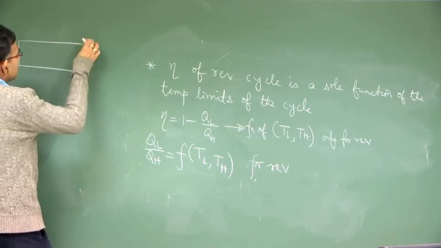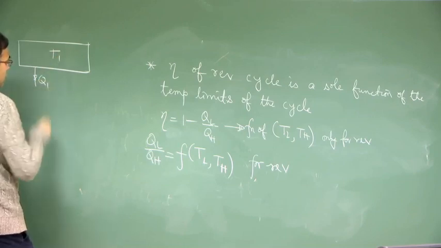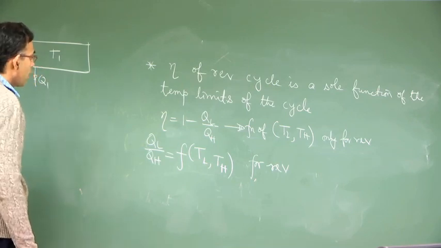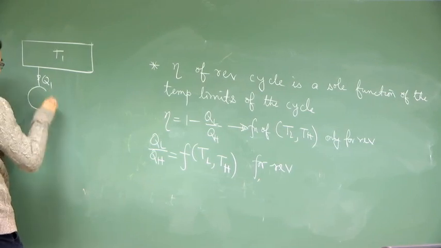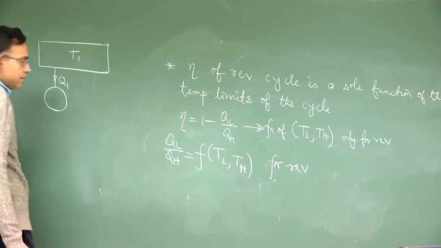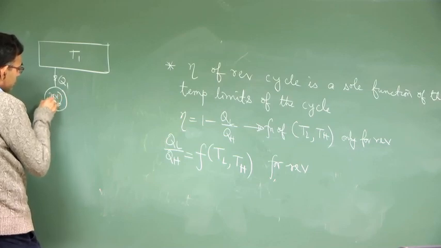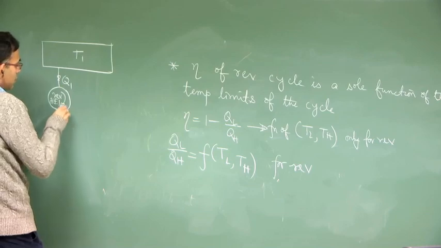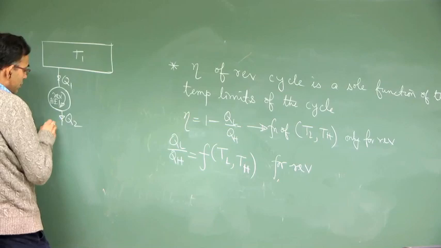So, this is a heat source at temperature T1, heat Q1 is taken from this, there is a reversible heat engine 1 and then it rejects heat Q2.